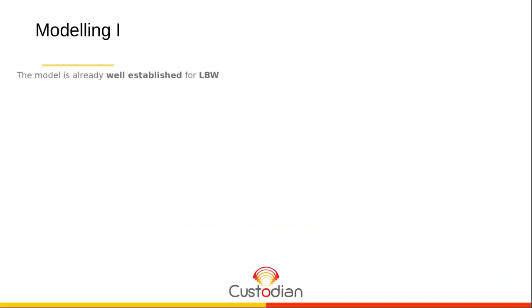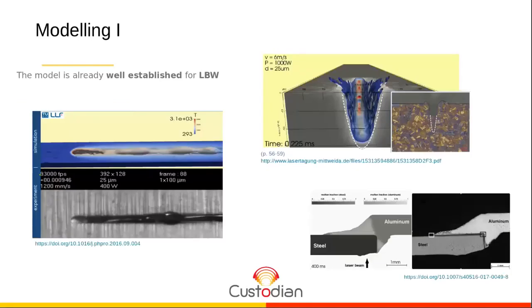So for the purpose of the custodian project, in terms of simulating laser beam welding, we didn't need to do much extra work here. The model was already well established for joining processes by the time of starting this project.